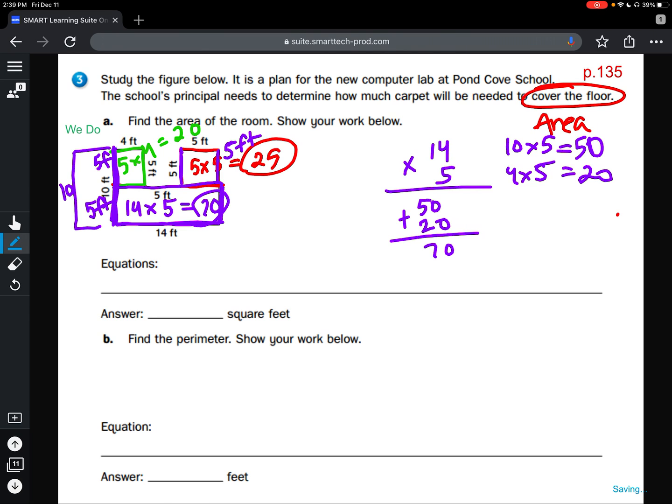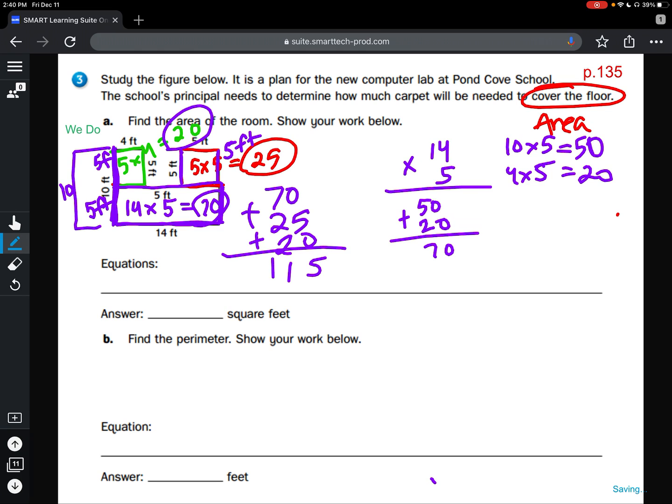So now on the inside, I'm going to have to add up all of those chunks to get my answer. So when I add 70 plus 25 plus 20, I get an answer of 7 plus 2 is 9, plus 2 more is 11.